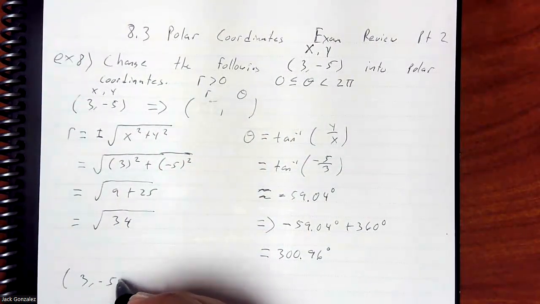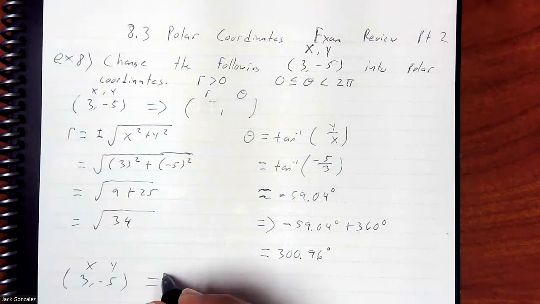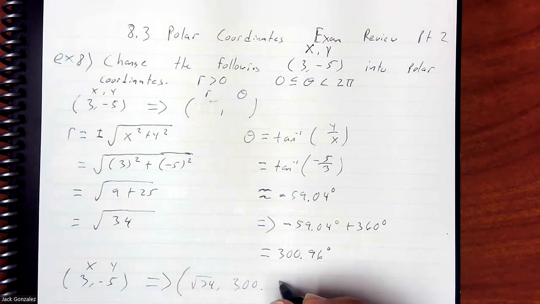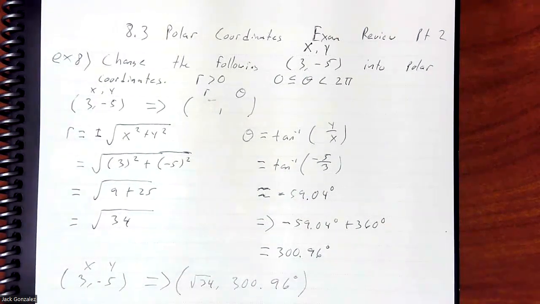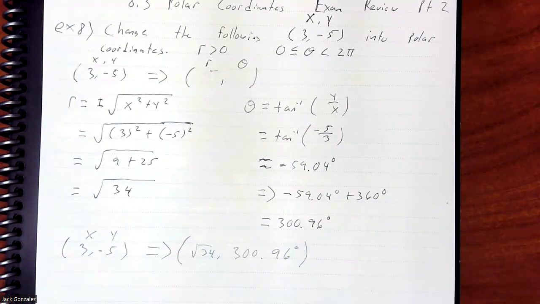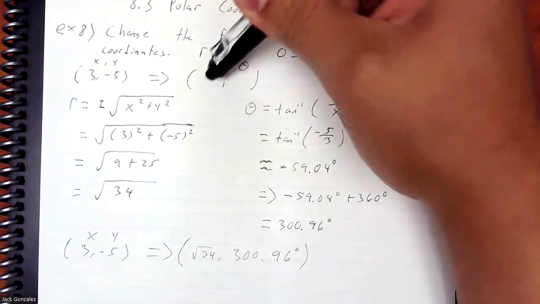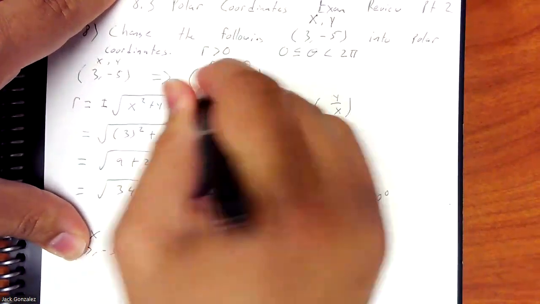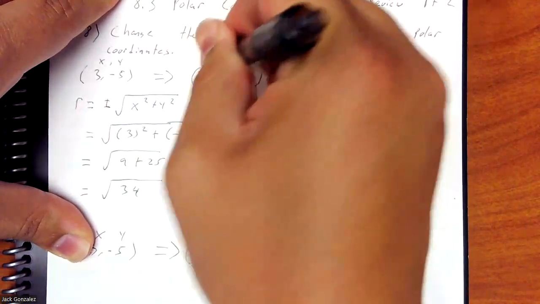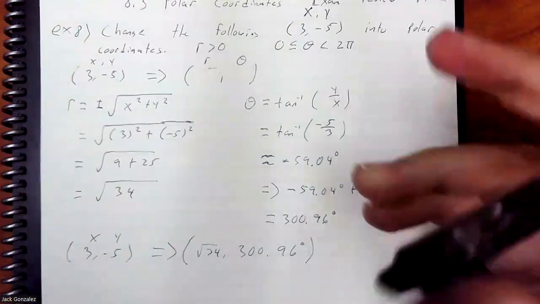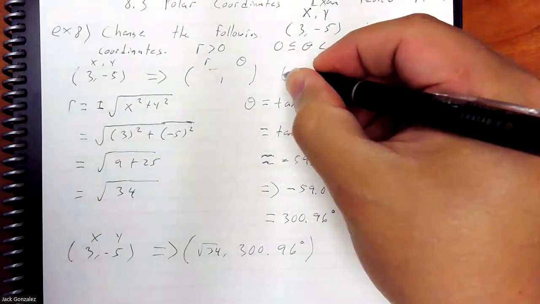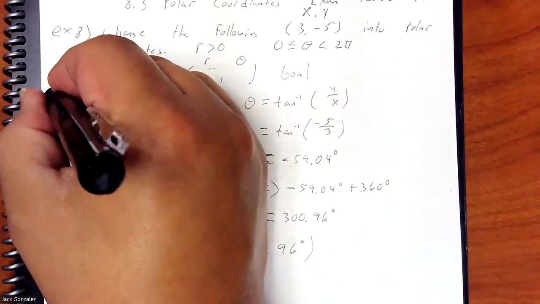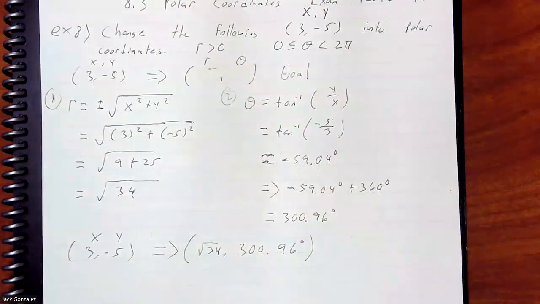So (3, negative 5) will become square root 34, comma 300.96. Step 1, find R. Step 2, find theta.